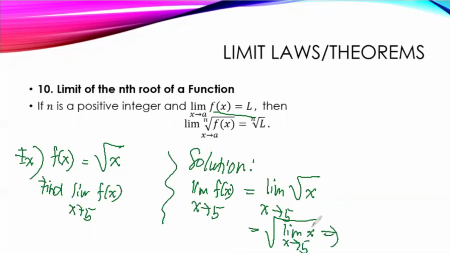This is an identity function, so we can simply substitute 5 for the variable. So we have the square root of 5, which is our answer.